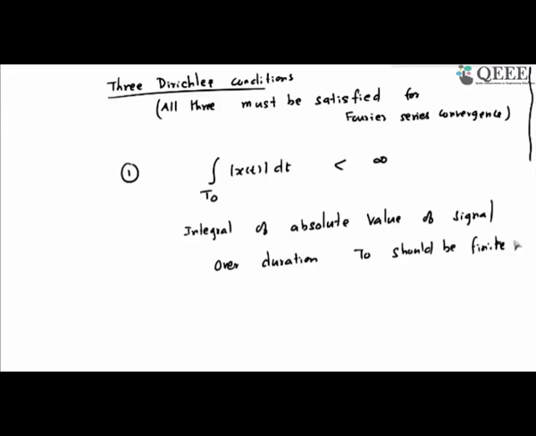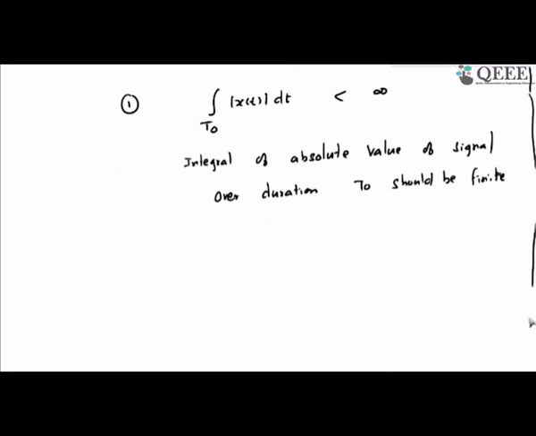So when I take the absolute value of the signal and integrate it over duration T naught, that integral should be finite. So that is the first Dirichlet condition. So that must be satisfied if you want convergence of Fourier series. Okay. Now there is another condition.